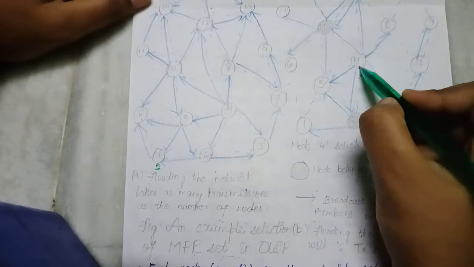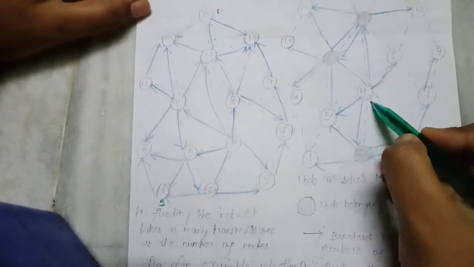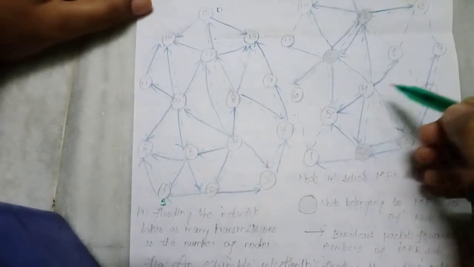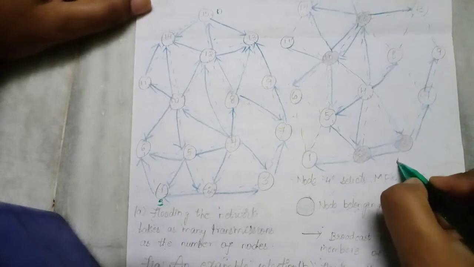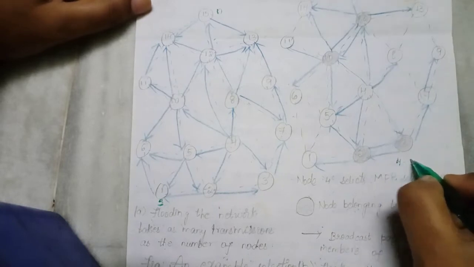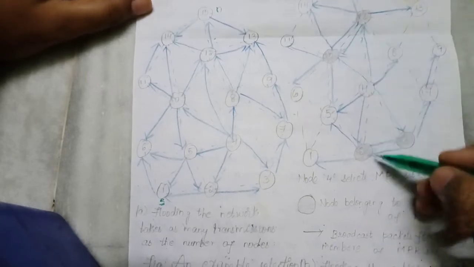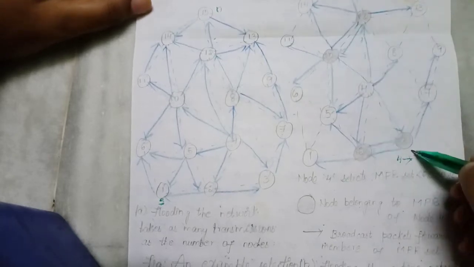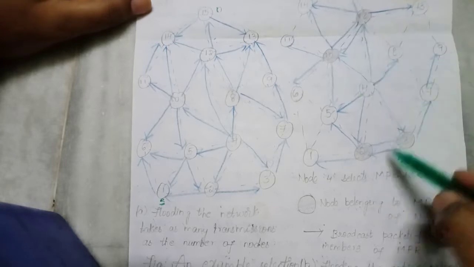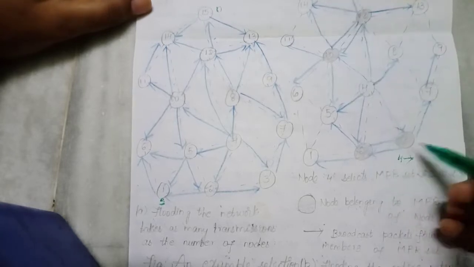Here, let us consider this 4. Node 4 has selected an MPR set which has the members 12, 10, 2, 3. These are highlighted, right? So 10, 12, 2, 3 are the MPR set members.